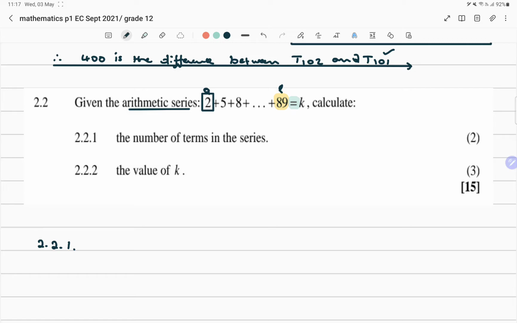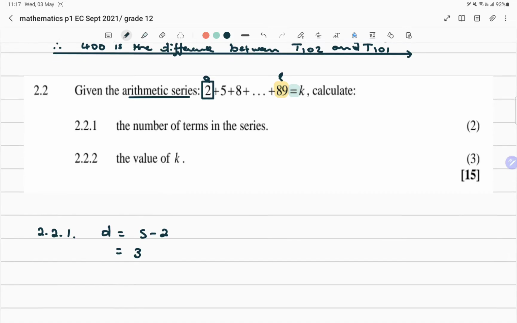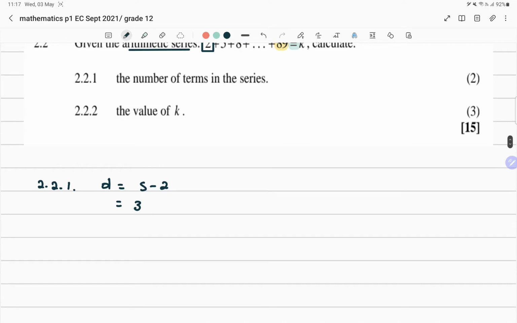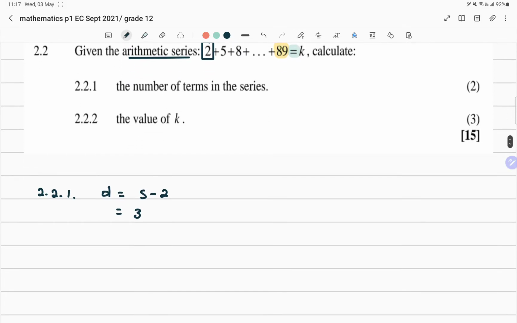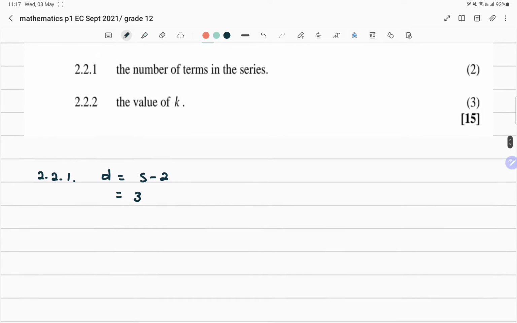So we want to start with D. It's going to be 5 minus 2, which is 3, but we can even see it by inspection. Sometimes you may even just write D is equal to 3, because this is too easy. You don't need to be showing the calculation.